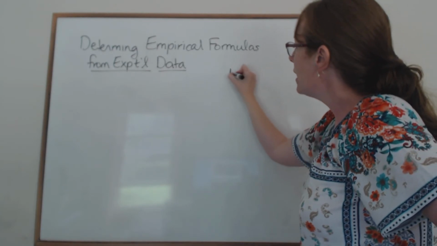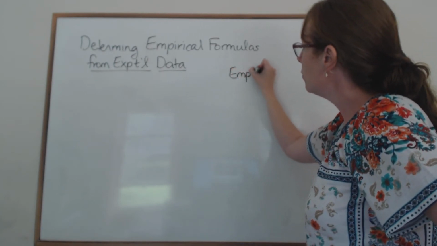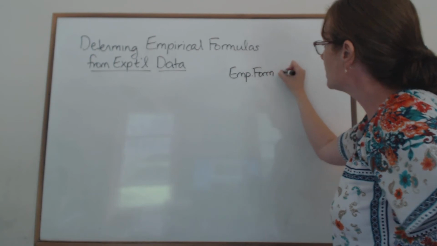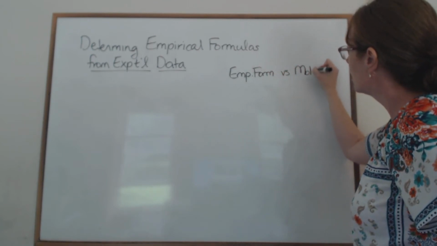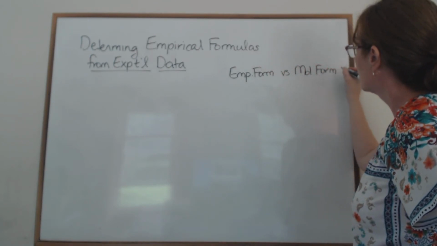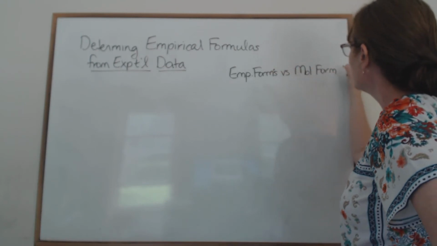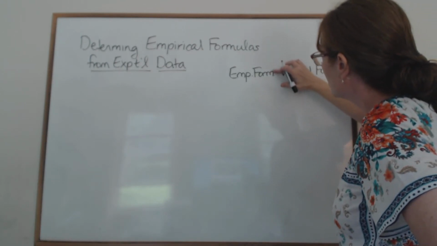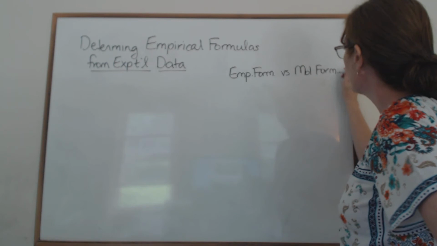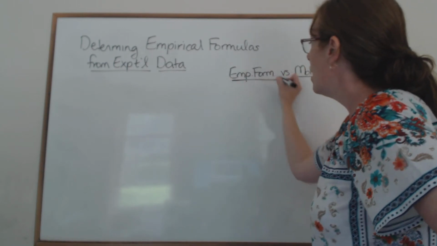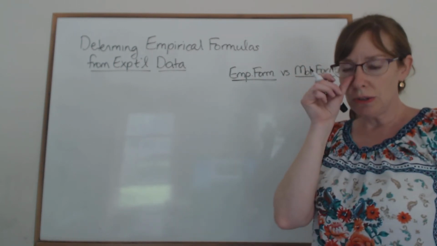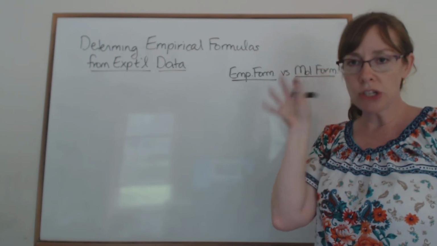Let me go ahead and just give you this. Empirical formulas versus molecular formulas. I'm abbreviating here. The best way to do this is through just showing you some examples.